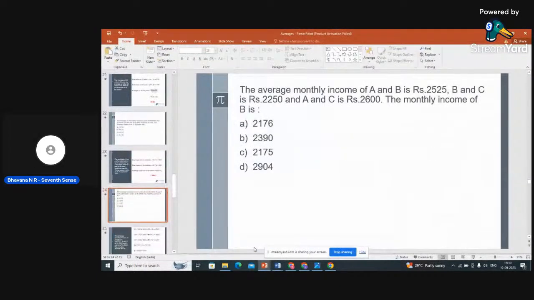Okay, so next. For this question, what is the answer?